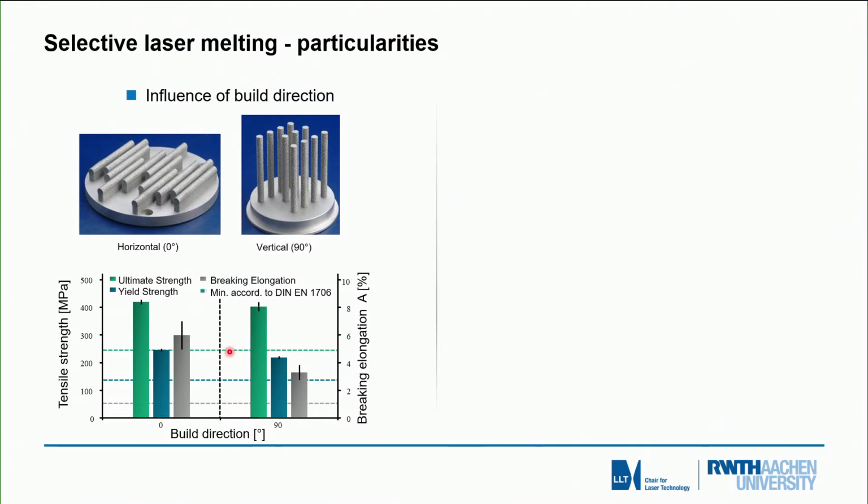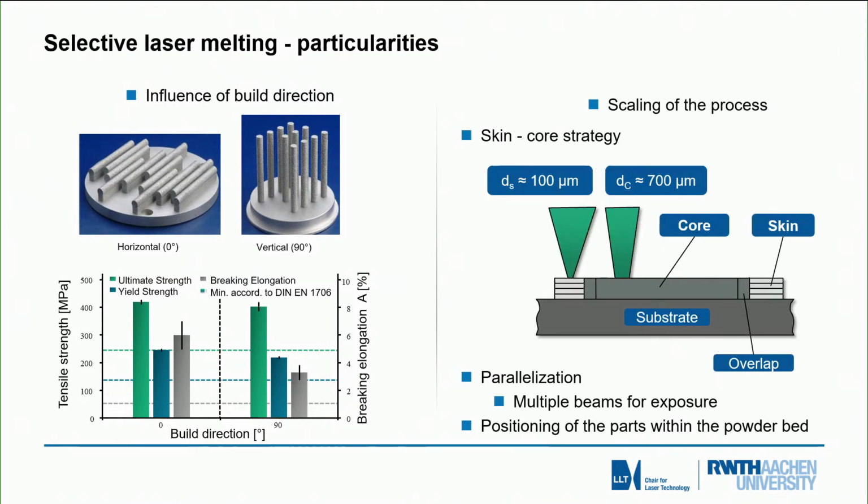Of course, the question is, how can we scale that to higher productivity? And there are several concepts. One of them is a so-called skin core concept. It's like painting a painting. For the larger areas, you use a bigger brush, higher power, wider focus, and scan the material surface very fast with high powers.